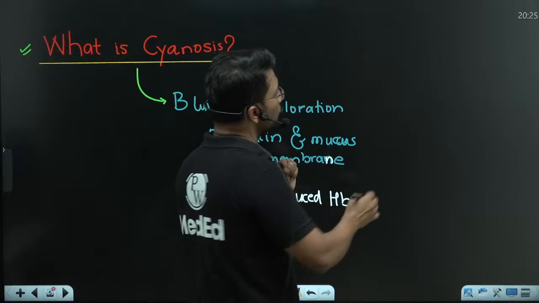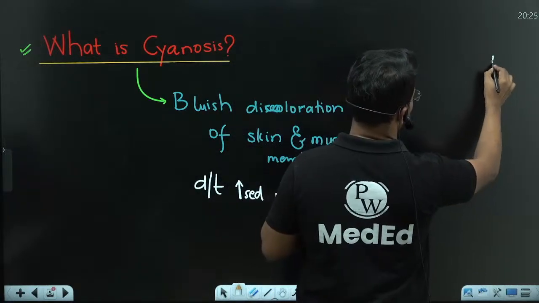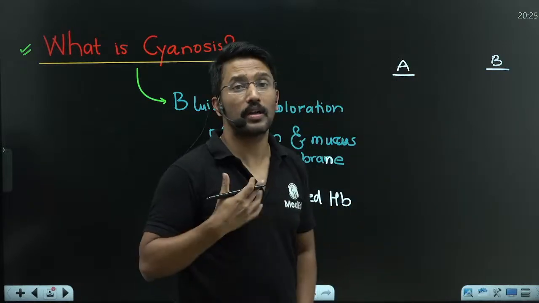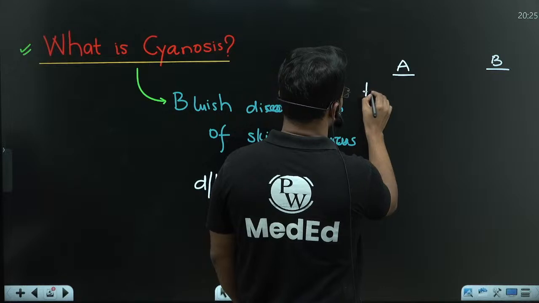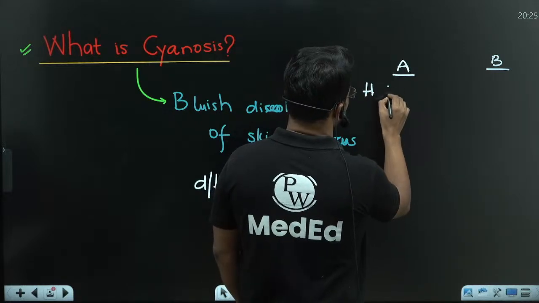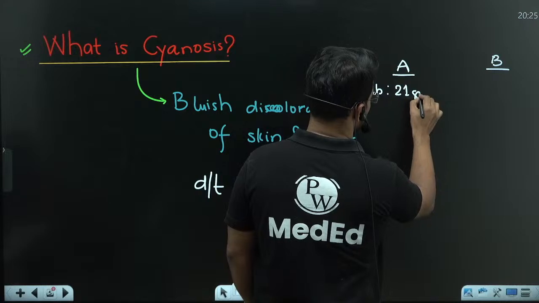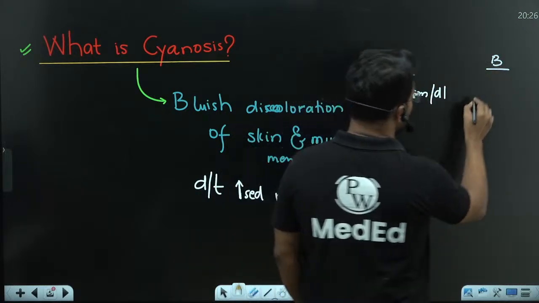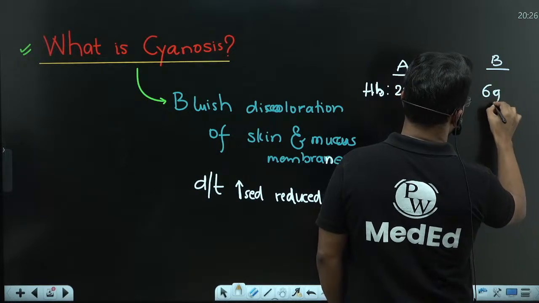Okay, I'm giving you two scenarios. I have a patient A and I have a patient B. Patient A has polycythemia, meaning his hemoglobin is very high. Let me say that his hemoglobin level is 21 grams per deciliter. And patient B has a hemoglobin level of, let me say, 6 grams per deciliter.